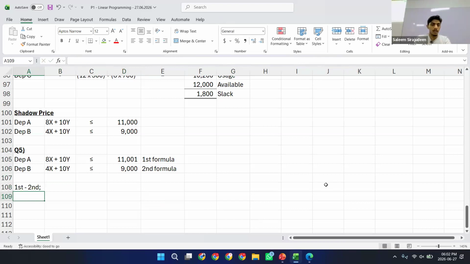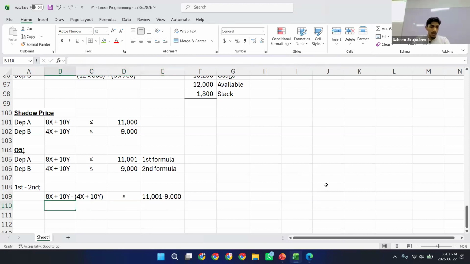First minus second: 8x plus 10y minus 4x plus 10y, equal or less than 11,001 minus 9,000.